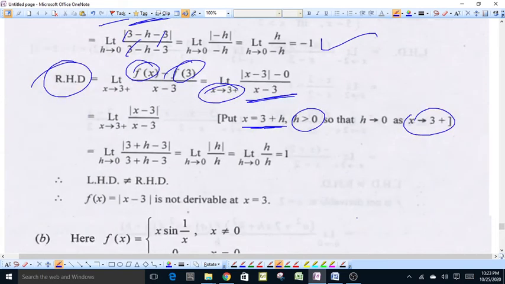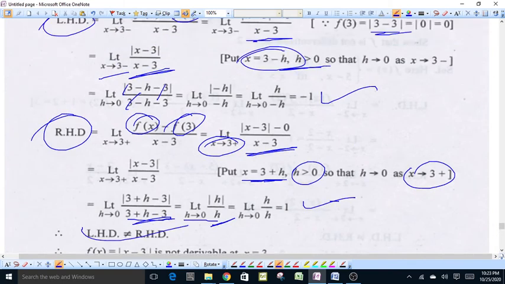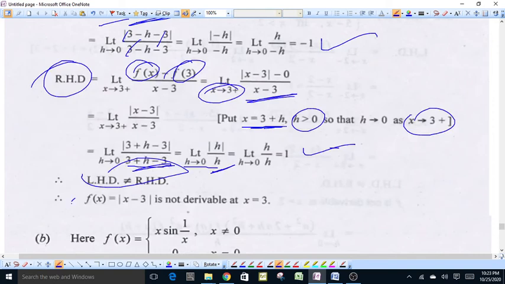This limit becomes the limit as h goes to 0 of |3 + h − 3|/(3 + h − 3). After simplification, this is equal to the limit as h goes to 0 of |h|/h, which comes out to be 1. Because the left hand derivative is not equal to the right hand derivative, therefore f(x) is not differentiable at x = 3.